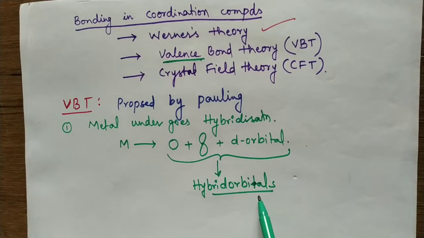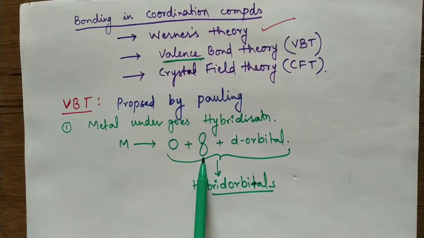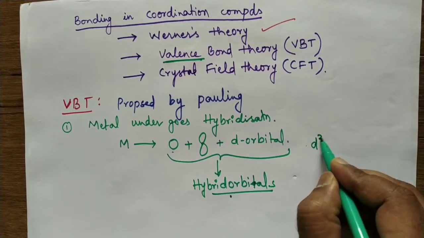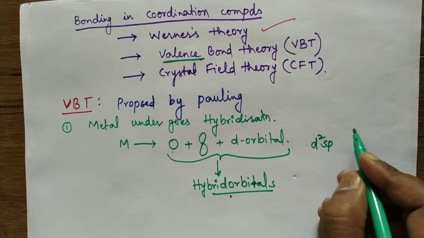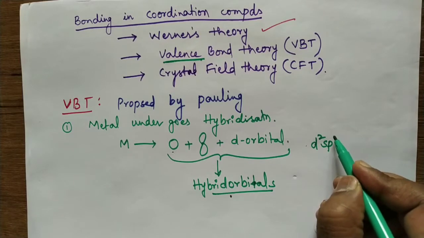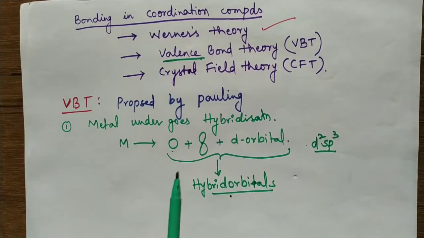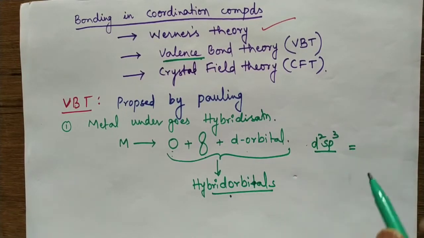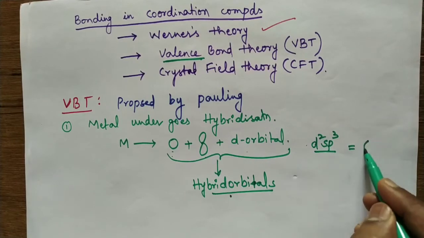How many hybrid orbitals result from mixing? If one s, 3 p and 2 d orbitals mix together, that is d2sp3. So, 1 s orbital, 3 p orbitals, 2 d orbitals: 3 plus 1 plus 2, 6 orbitals are mixing.